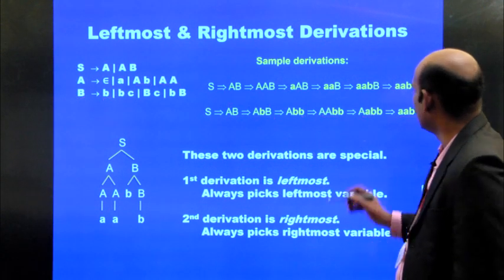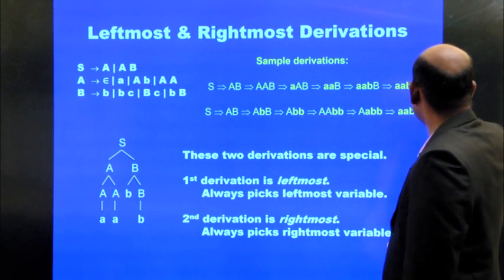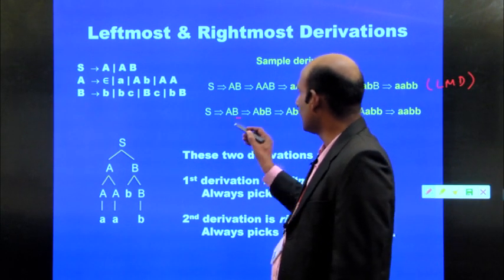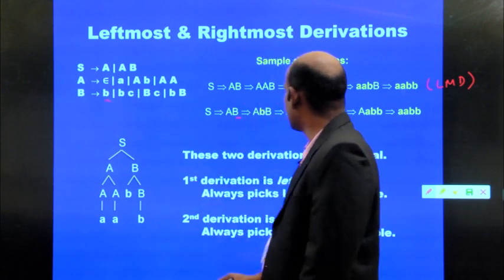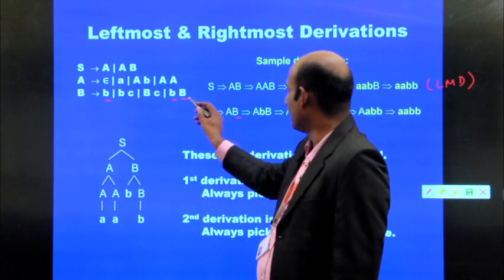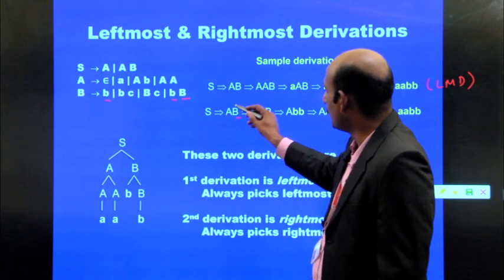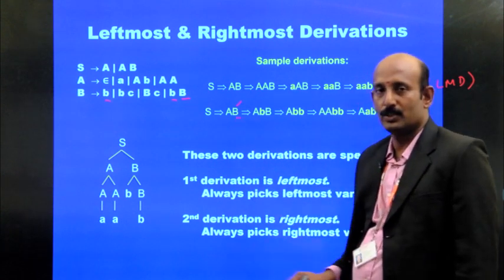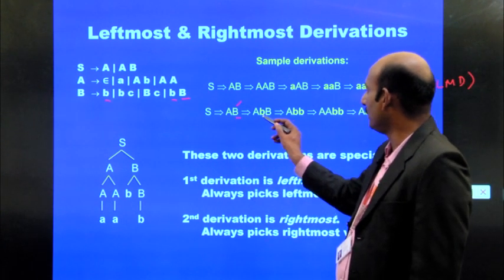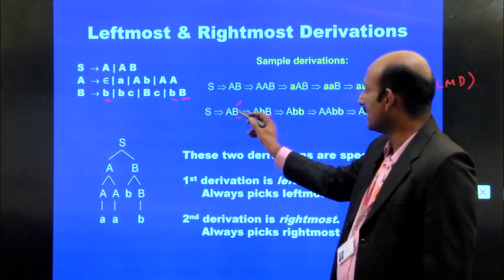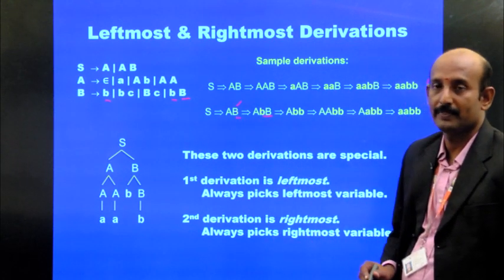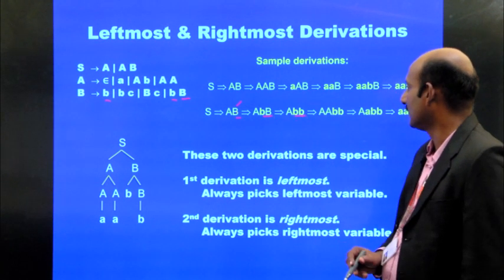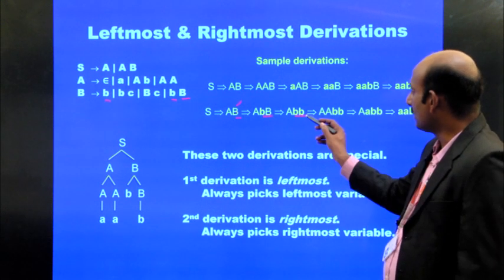This is for leftmost derivation, LMD, and here the B is replaced. This B is replaced by small b, capital B. Here in the rightmost derivation, the rightmost non-terminal is B, where A is the leftmost non-terminal. So they are taken here as BB, replacing the rightmost non-terminal. This rightmost non-terminal is again replaced by B. Where is the rightmost non-terminal here?